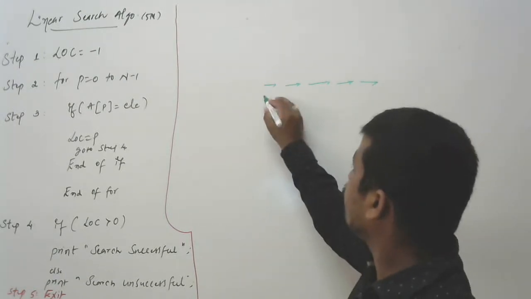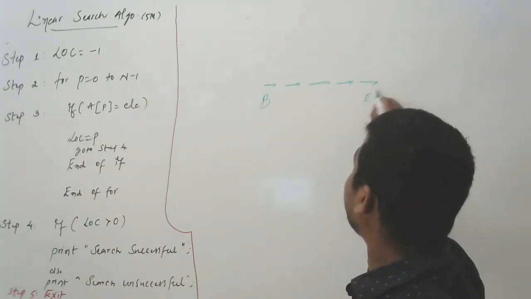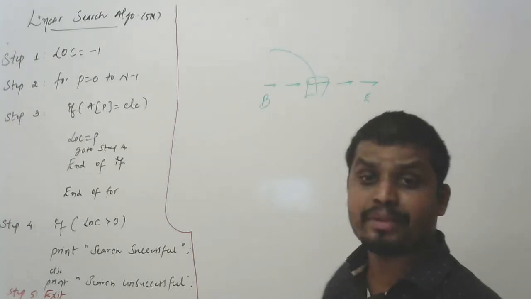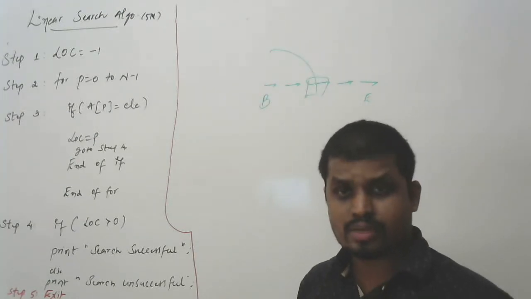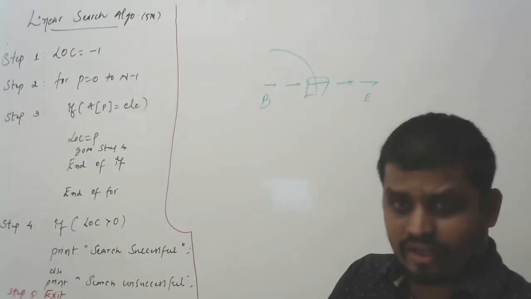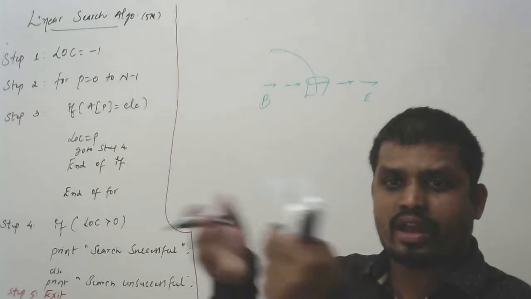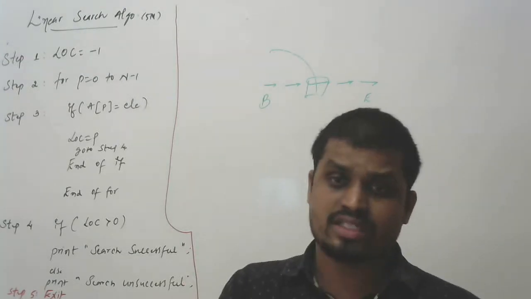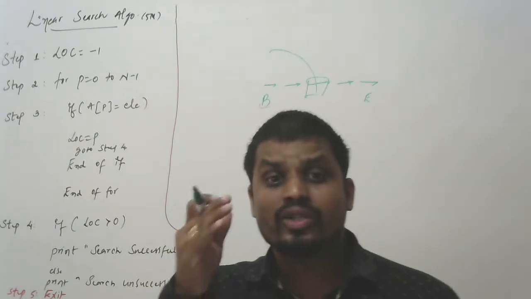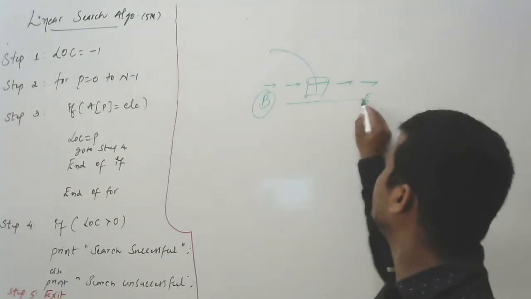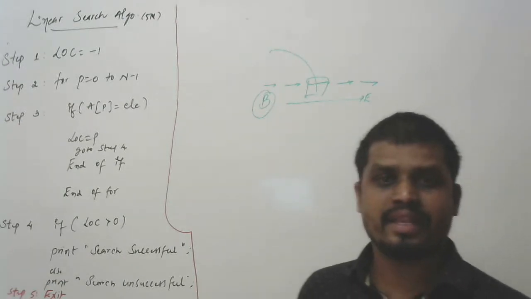You have to move from beginning to end. There is no jumping statement in between in the memory block. Linear is nothing but sequential. Sequential means one after another. So whichever element you want to search in your memory block, you are supposed to start searching from the beginning to the end. That is the meaning.